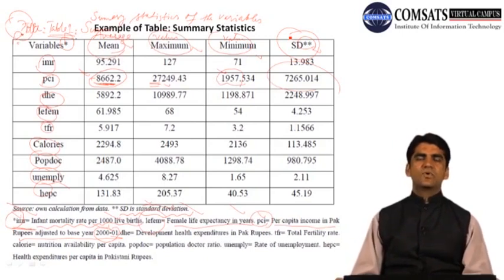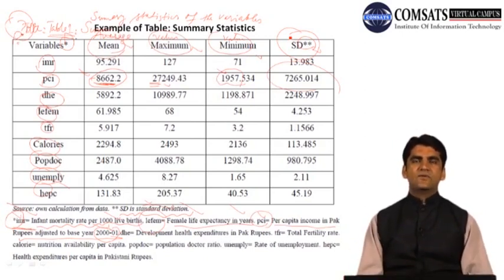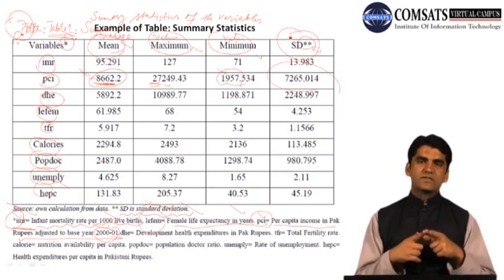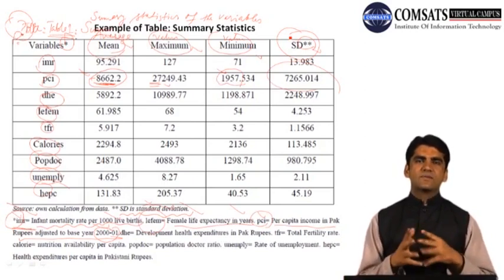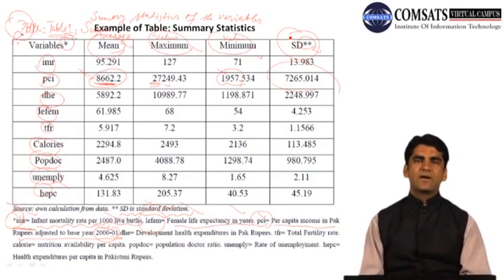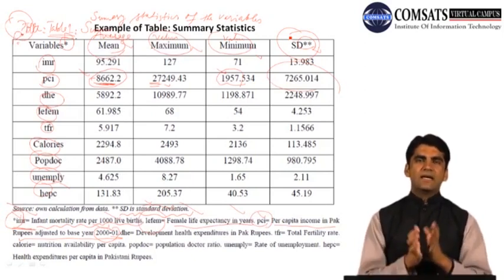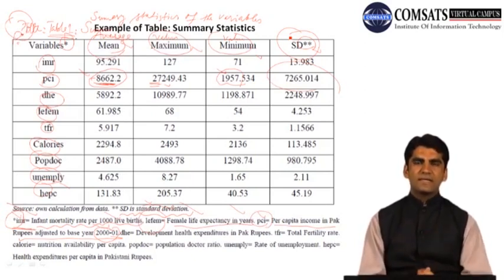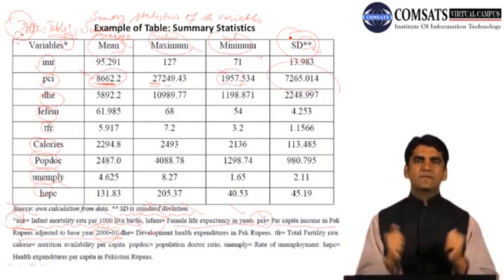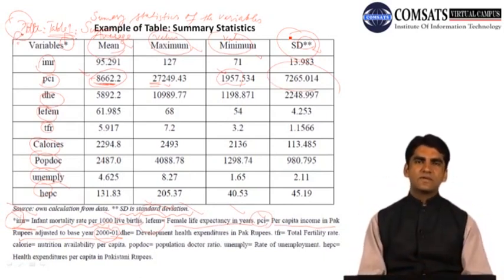Definitely, if you go and ask Excel for summary statistics, you get a number of other things. You get skewness, you get kurtosis, but you are not interested in that. Here I just want you to understand that when you make a simple table, you must know what your objective is in making that table, why you are putting that table.